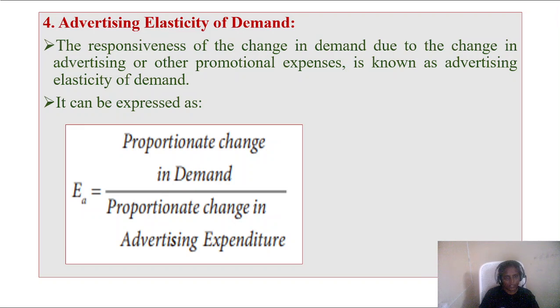So if there is a proportionate change in advertising expenditure, obviously there will be a proportionate change in the demand for the commodity, which we call advertising elasticity of demand. These are the four types of elasticity of demand.